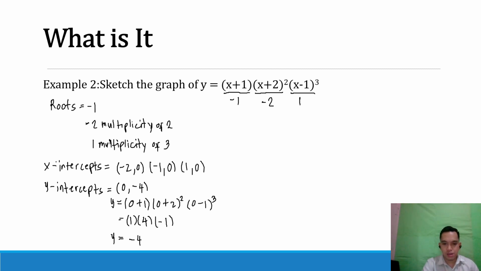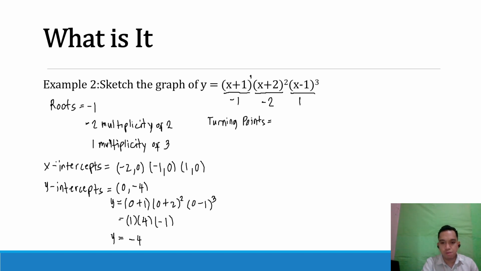Okay, so the turning points. Ang ating turning points dito ay n minus 1. Yung n ay yung ating degree. So, ano ba yung degree natin dito? What is the degree of our polynomial function? Automatic to may exponent yan na 1.